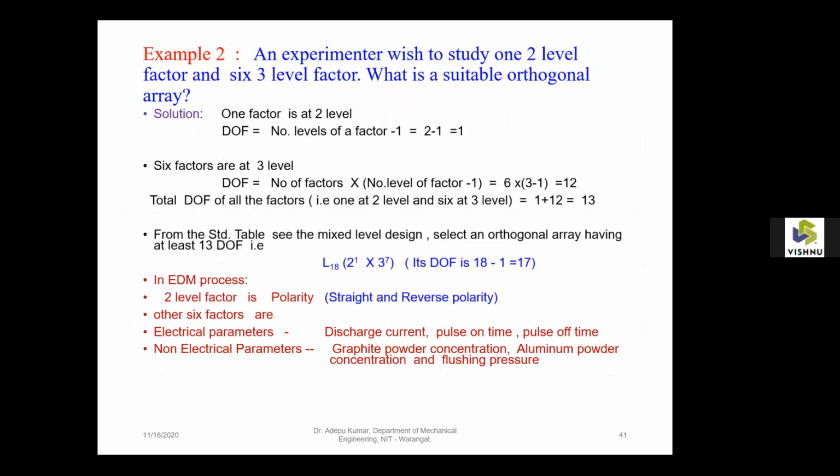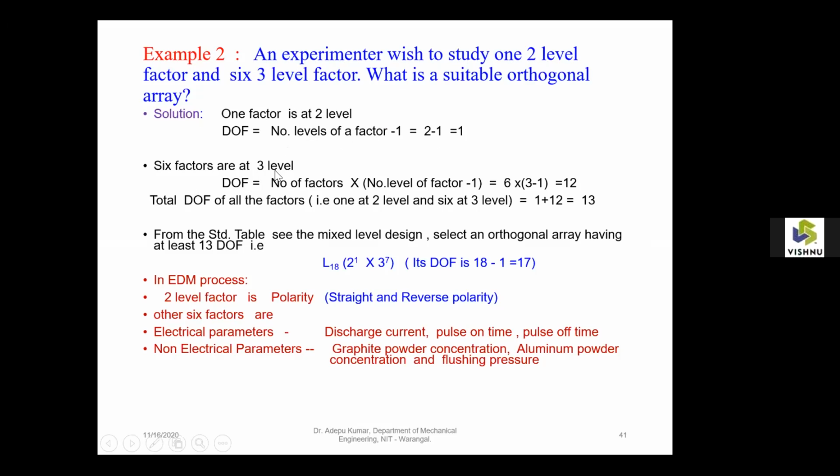This example will give you an idea how to calculate the degrees of freedom of a particular layout. For example, an experimenter wishes to study 1 two-level factor and 6 three-level factors. What is a suitable orthogonal array? One factor is at 2 levels. Degrees of freedom, this is the formula: number of levels of the factor, 2 minus 1, is 1.